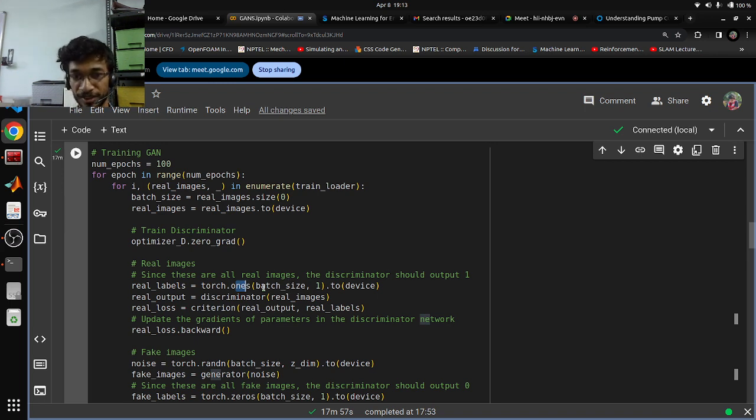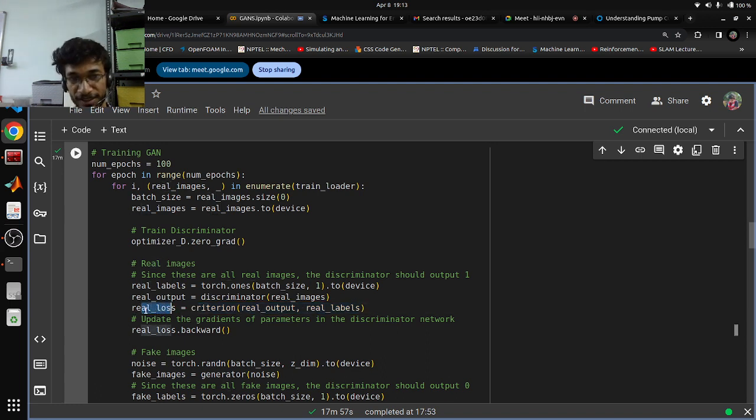So I'm taking 64 inputs, all of value 1, and that is what I'm comparing the discriminator's output for these real images to. If it's working correctly, it should give 1 for all the real images, and that is how we compute the loss.